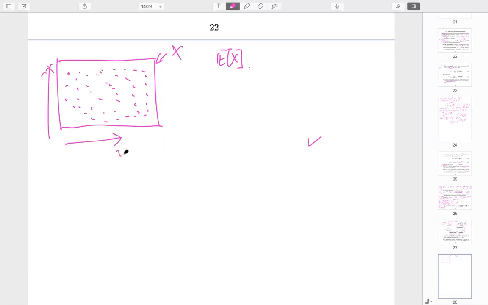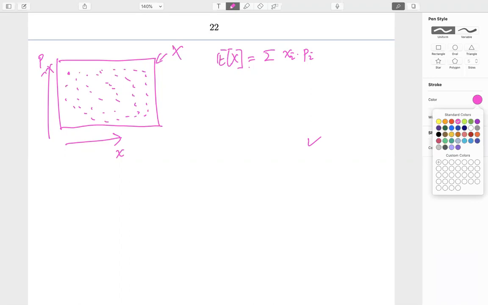Let's say the x-axis is the value and the y-axis is the probability. Then it will be x times y plus the next point plus the next point, all the points. This is one way to do it. If it's discrete, it will be x_i times p_i. But I don't want to do it this way, I want to do it another way. In order to do it a second way, let's do some cutting. Let's cut it in half.